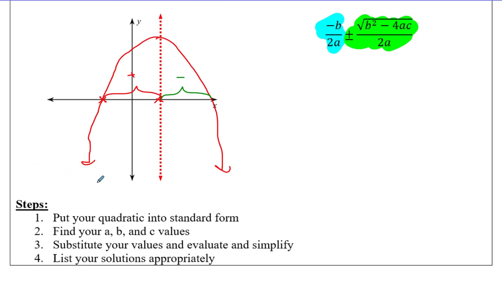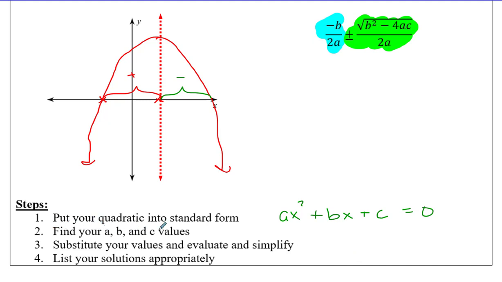Alright, our steps for solving these quadratics. Number 1, you always want to put your quadratic into standard form. This is a must. Remember, standard form looks like this, and we want to set it equal to 0. We always want everything on the left side and then that 0 on the right.